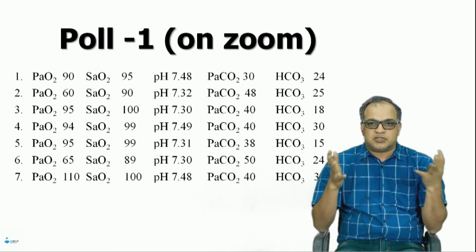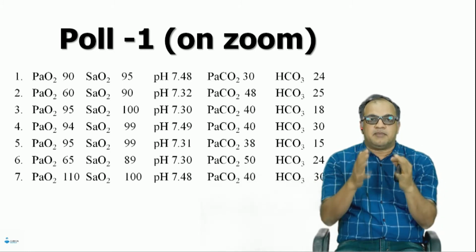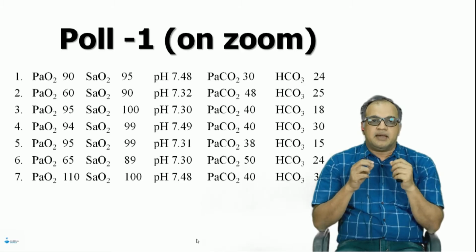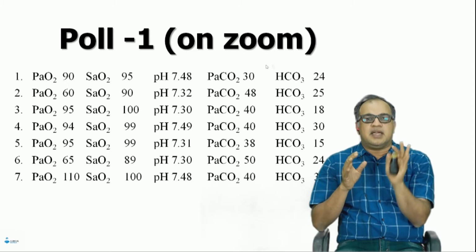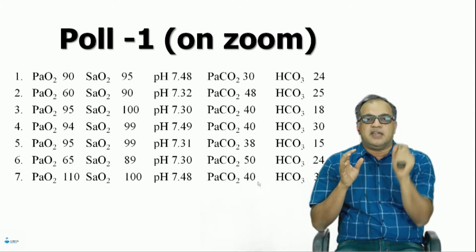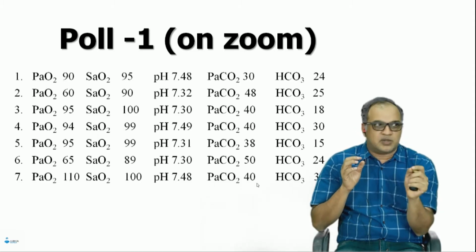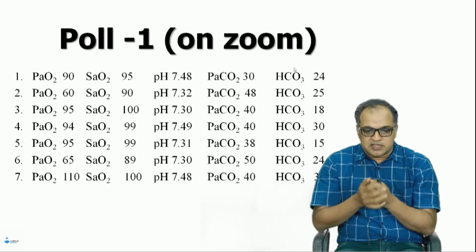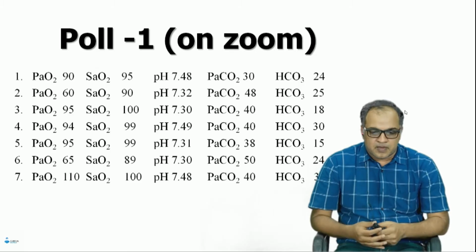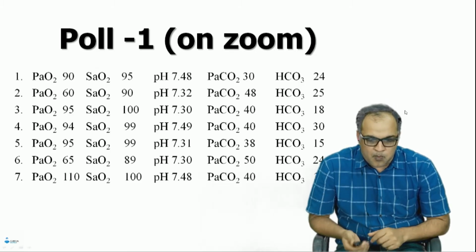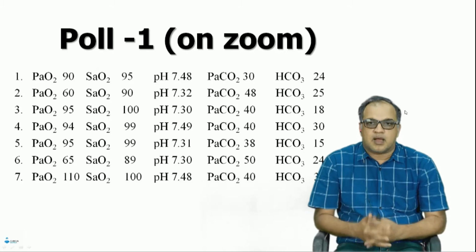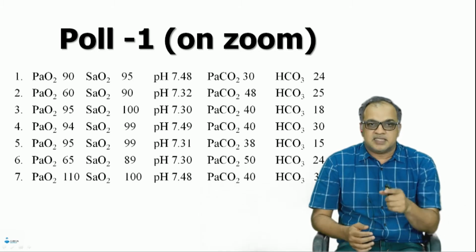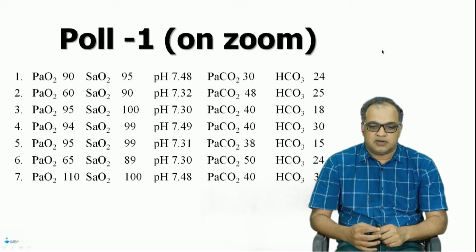Just to start the gears, I'm launching a poll on Zoom, and all you have to answer is whether the pH is acidotic or alkalotic. Please answer these questions on the poll which is visible in Zoom.